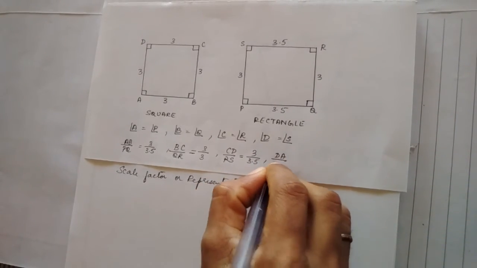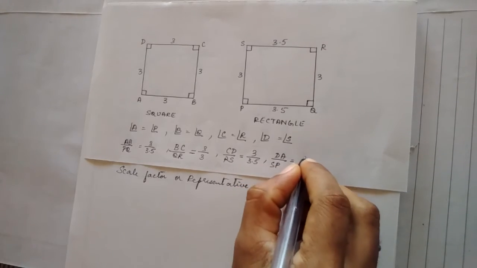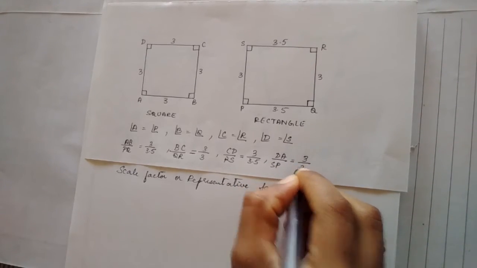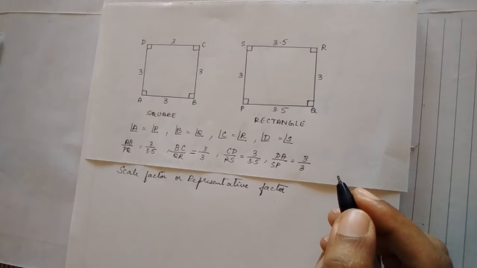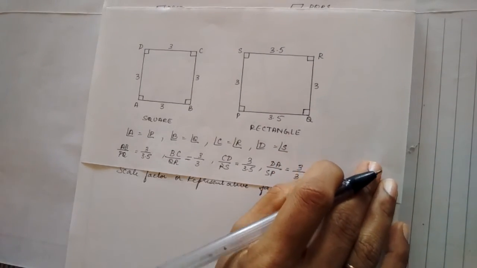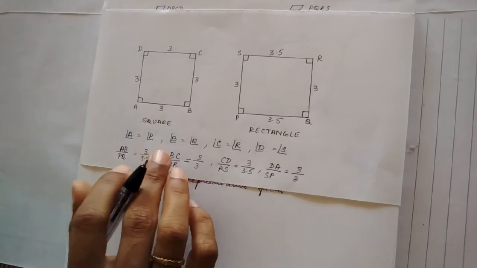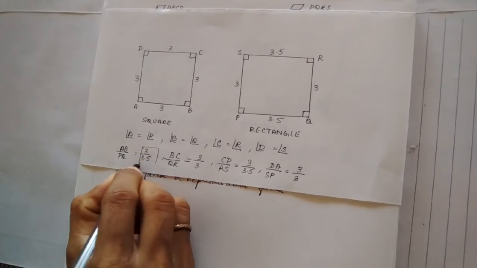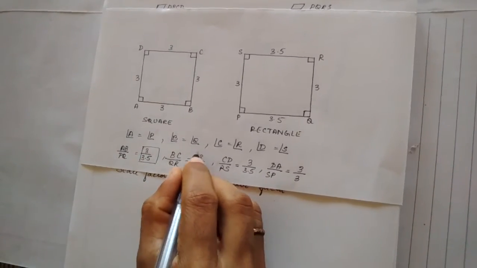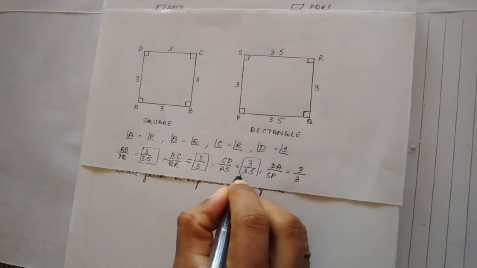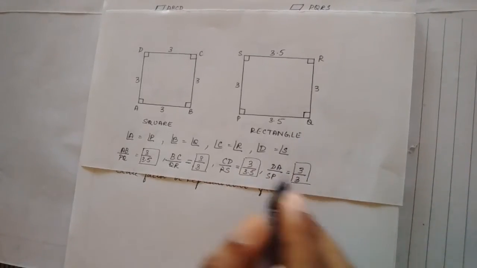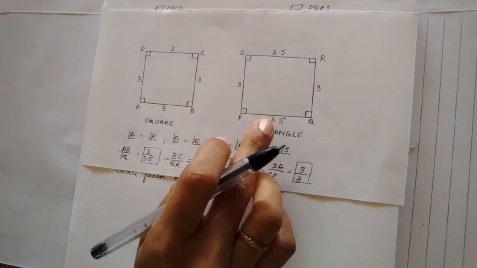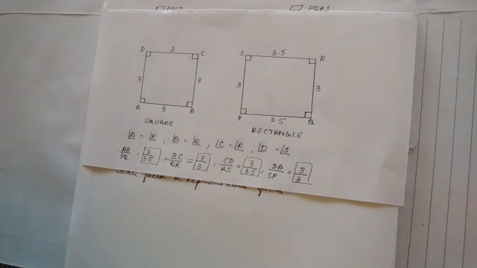Next we have DA divided by SP, 3 divided by 3. So here we find that the corresponding angles are equal, but their corresponding sides are not in the same ratio, isn't it? Therefore, we can say that these quadrilaterals are not similar. Is it clear to you all? Yes.